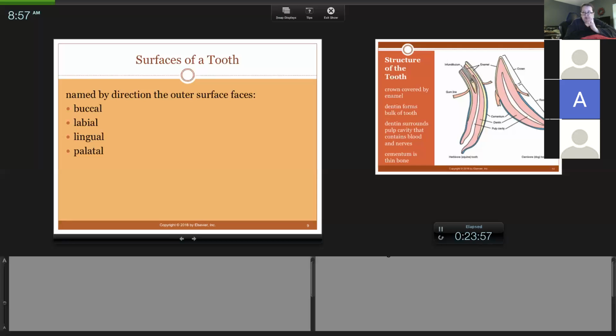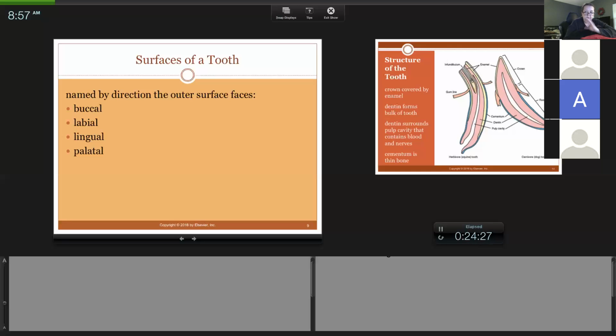You can stick your tongue to the roof of your mouth, but lingual is always going to pertain to a bottom tooth. So if I said on a test, for example, if I said the top right premolar has an injury to the lingual surface, true or false, you would obviously tell me false, because there cannot be a lingual surface to the top teeth.